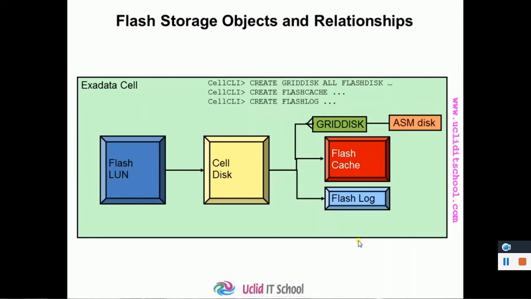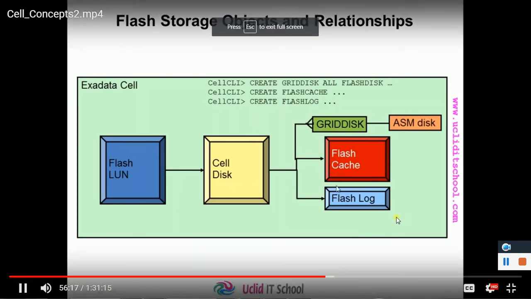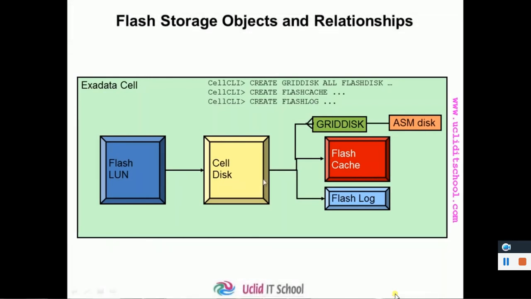Again, another representation. You have a flash based LUN on which we create a cell disk, and this cell disk can be used for two purposes: to create a grid disk or to create flash cache and a flash log. So if you want, you can implement both. Some storage can be used to create a grid disk, and the remaining storage can be used to implement a flash cache and a flash log.